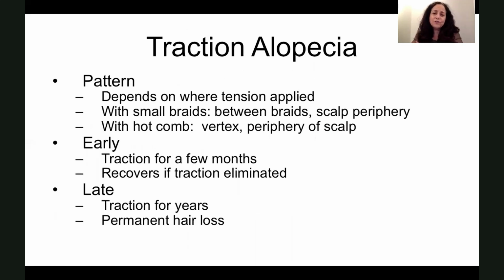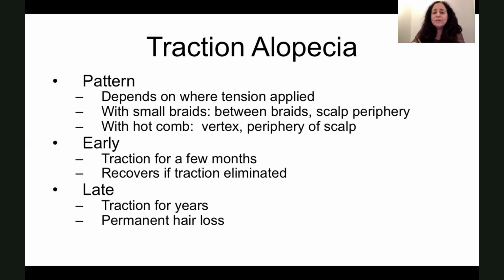Traction alopecia, which is another type of traumatic alopecia, will lead to thinning, but in a pattern that depends on where the lines of tension are. So with small braids, the areas of thinning or balding can be at the periphery. Often that's where the most tension is applied, or between the braids.